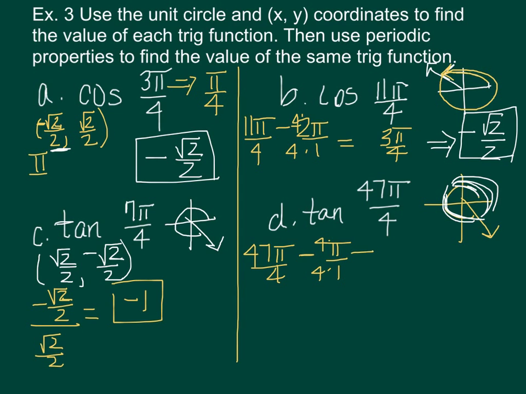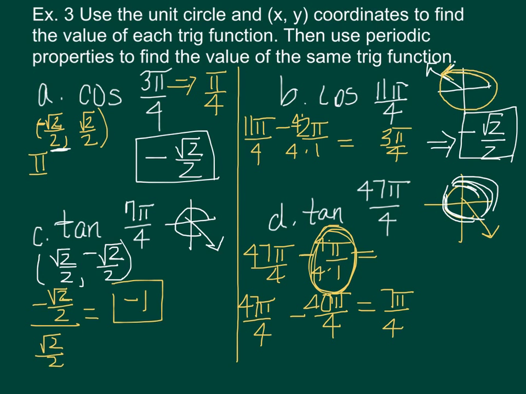And you would keep subtracting until you get to 7 pi over 4. But instead of doing that over and over again, you can just rewrite this as 40 pi over 4, because it'll take us 10 times to actually get there. And that will leave you with 7 pi over 4, which is the same as part C. And we already know tangent of that angle is negative 1.